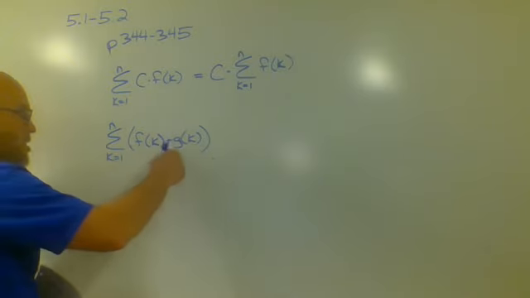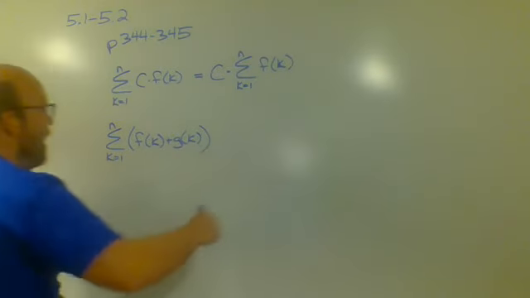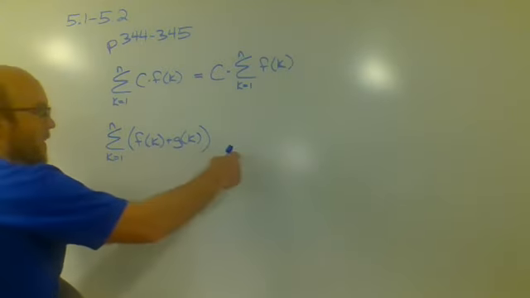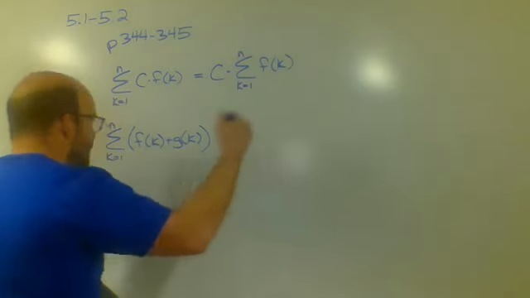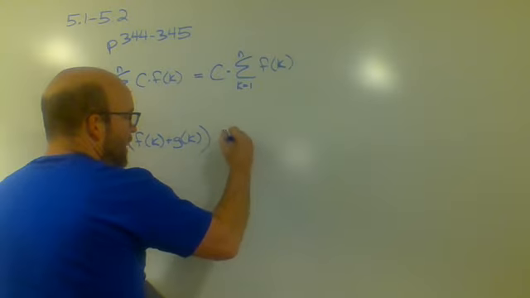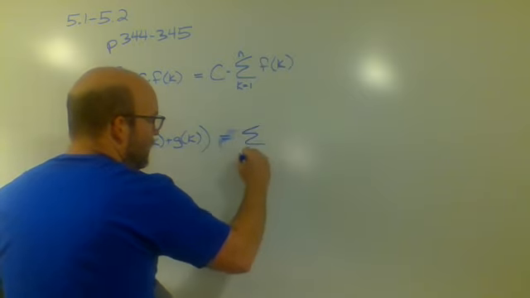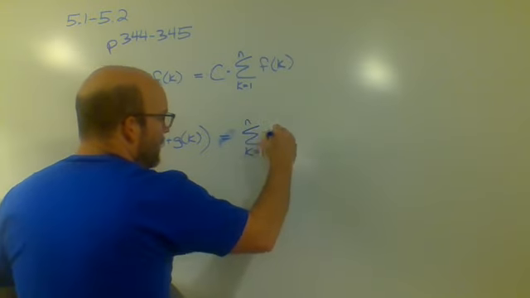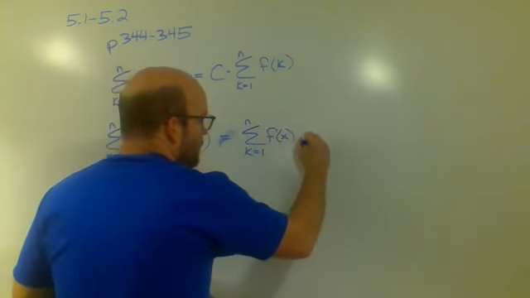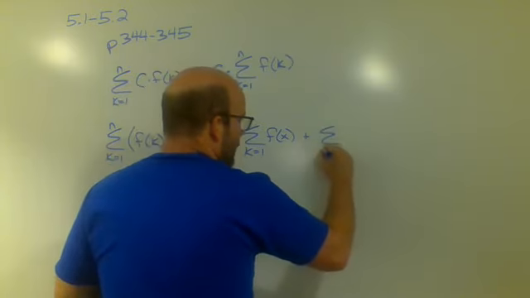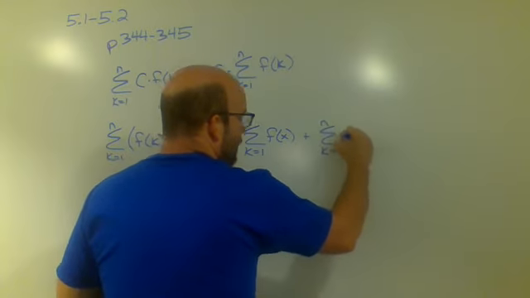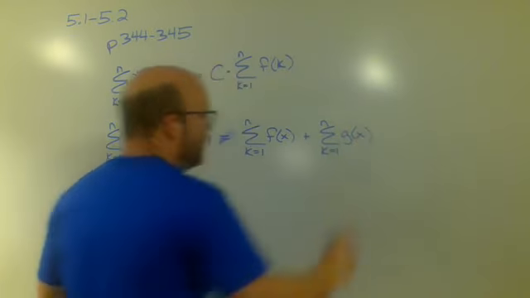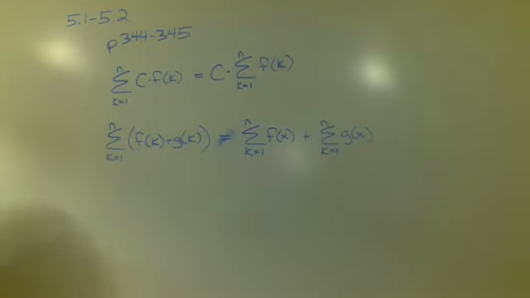Instead of putting f and g and f and g and f and g, I can just rearrange it, right? F, F, F, F, F, and then G, G, G, G, G. That's the same thing as just breaking this down into two different sums. I know that seems like it might not be beneficial, but because of the formulas that we get for evaluating some of these sums, it's always nice to be able to break something down like this.